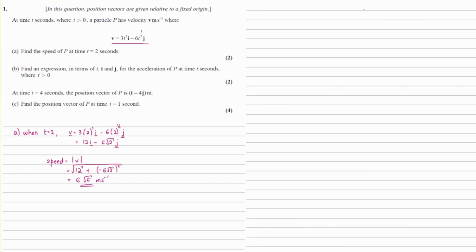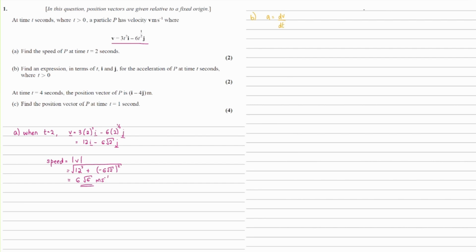Part B says, find an expression in terms of t, i and j for the acceleration of P at time t seconds where t is greater than 0. We've already been given an expression for v in terms of t, i and j, and in order to find our acceleration using the velocity expression, we just have to differentiate the expression of velocity.